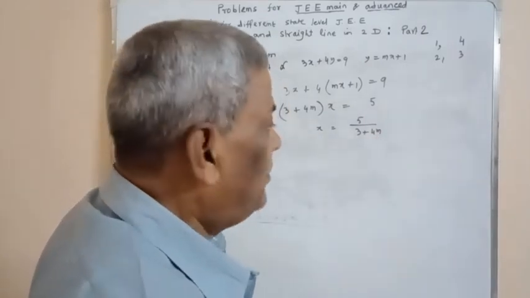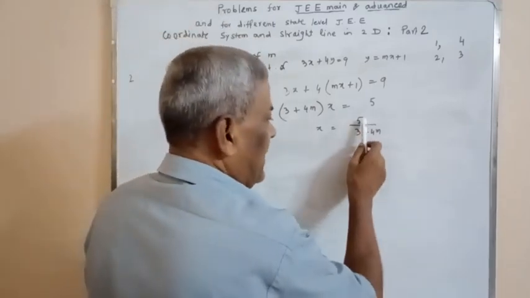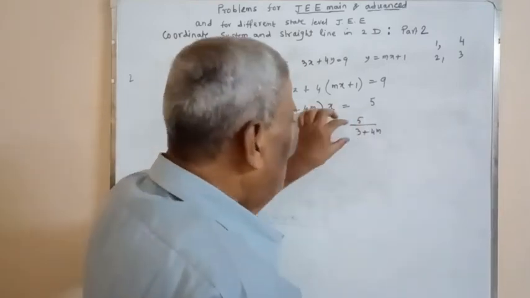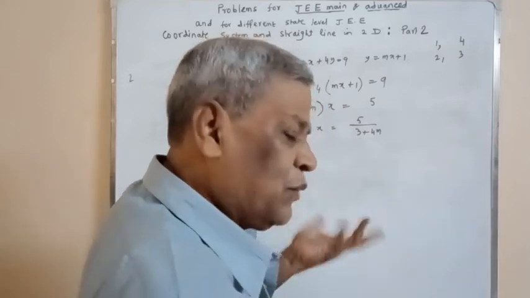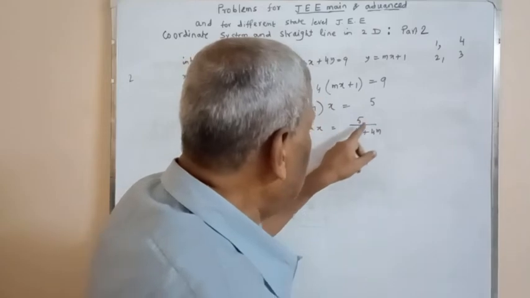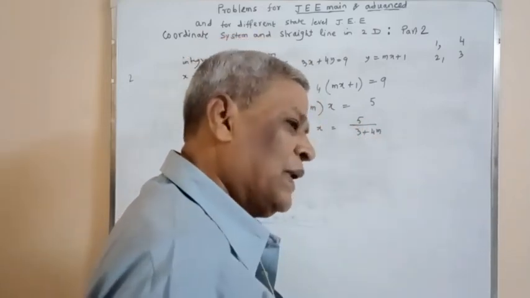How many are possible? Now you see, because this is 5 and this is that, if both are 5, then we get one integer value of x. If this is 5 and this is minus 5, then also we get one integer.